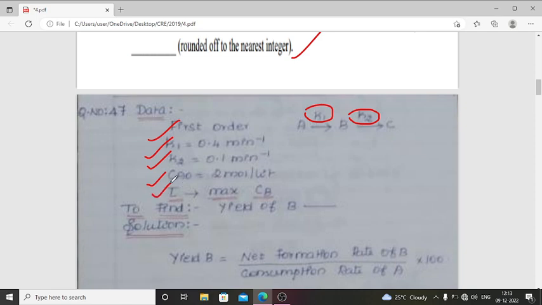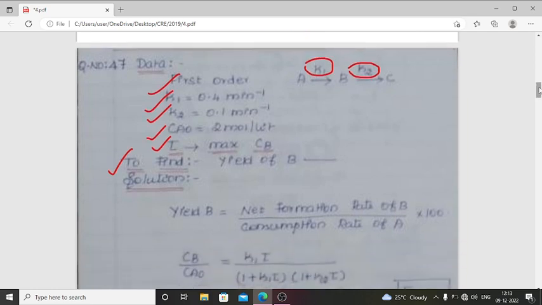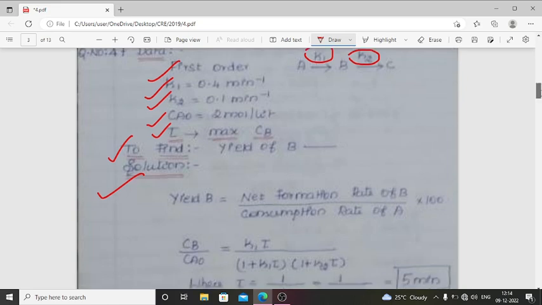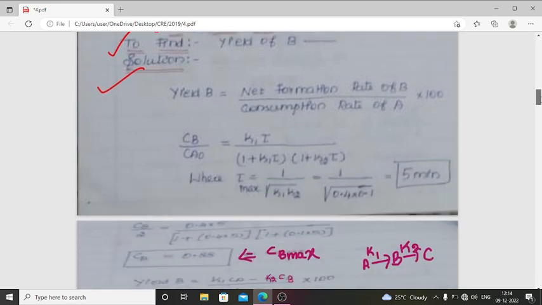So residence time is that for maximum Cb. The objective is to determine the yield of B by using the ratio between net formation rate of B to consumption rate of A. Solution part: yield of B is equal to net formation rate of B divided by consumption rate of A into 100.